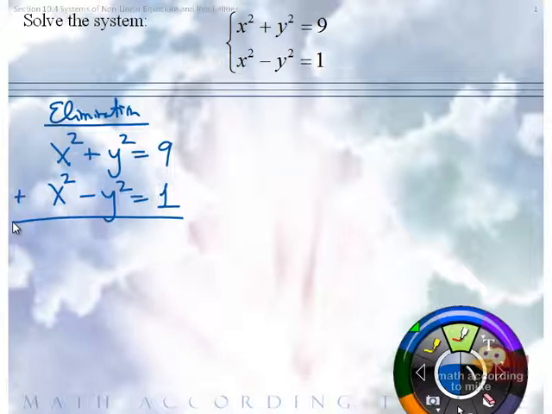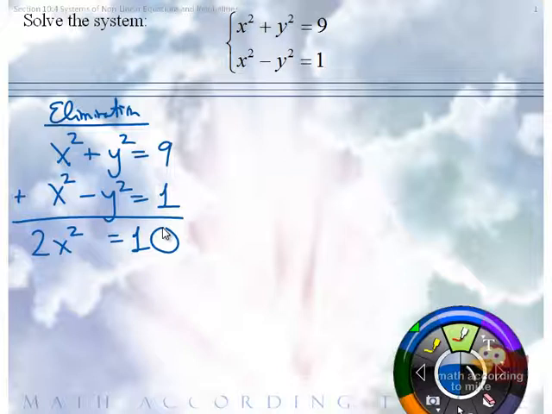Now please be careful. x squared plus x squared is 2x squared. 9 plus 1 is 10. Most students have great intention with this, but when they write x squared plus x squared, they write x to the fourth. You're not multiplying them, you're adding them, so please be careful.